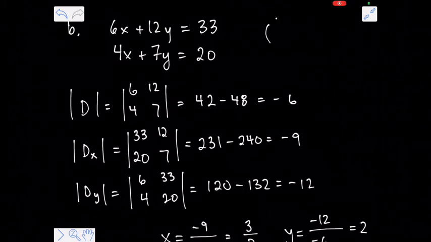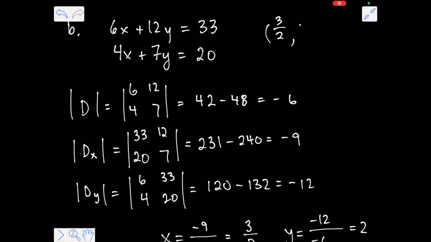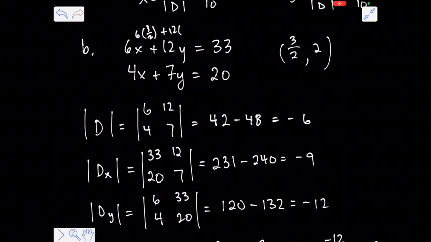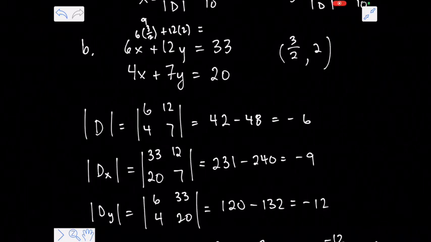So the solution to the system of equations is 3/2, comma 2. And just to verify, never a bad idea, 6 times 3/2 plus 12 times 2. 6 times 3/2 is 9. 9 plus 24 equals 33.